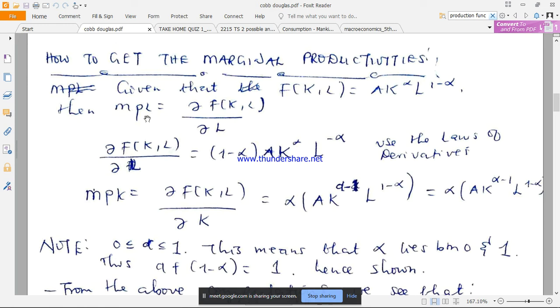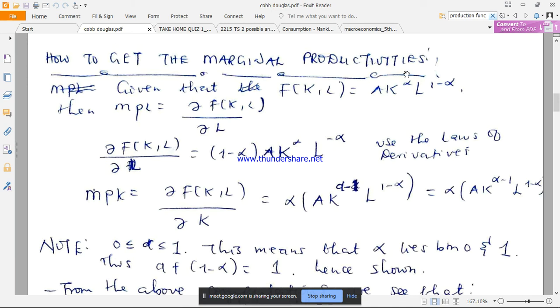So if we have any production function and we've been asked to calculate the marginal product of labor, you just differentiate. You find what we call the first derivative of that particular function, differentiating that function with respect to labor. Now how do we do that?